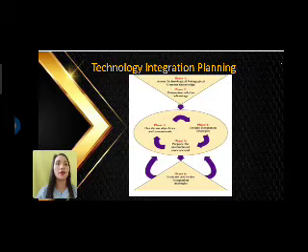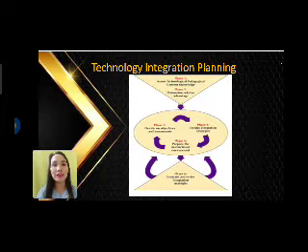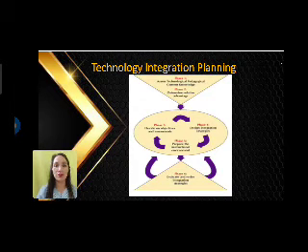Phase 2, determine relative advantage. Phase 3, decide on objectives and assessments. Phase 4, design integration strategies. Phase 5, prepare the instructional environment. And then phase 6, evaluate and revise integration strategies.